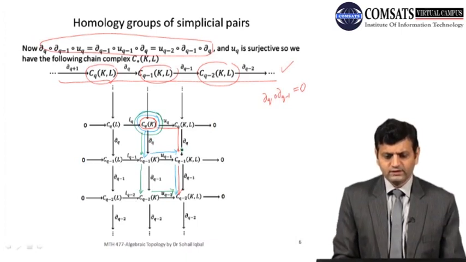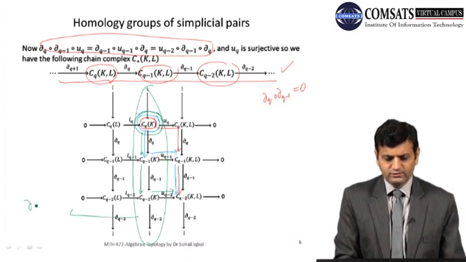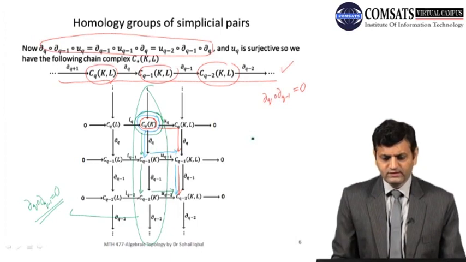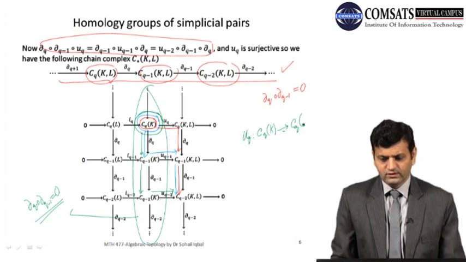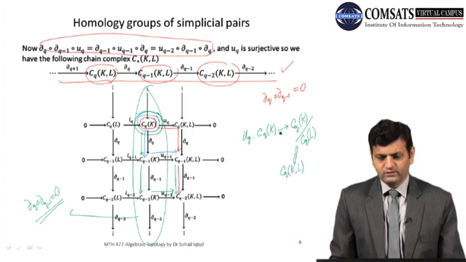So using this fact, and using the fact that this is a chain complex, the composition of any two boundary maps is 0. And using the fact that U_q from C_q^K to C_q^K quotient C_q^L, which is in fact C_q^{K,L}, is a surjective homomorphism.